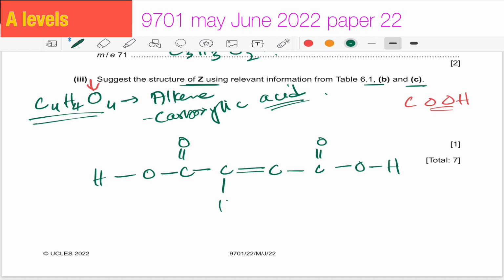So this carbon has a hydrogen and this carbon has a hydrogen. If we now count the atoms, we have 4 carbons, 4 oxygens, and 4 hydrogens. Because it has a carbon-carbon double bond, it would decolorize bromine, and because it has this carboxyl group, it will give fizzing when reacted with sodium carbonate. So this would be the structure of molecule Z.